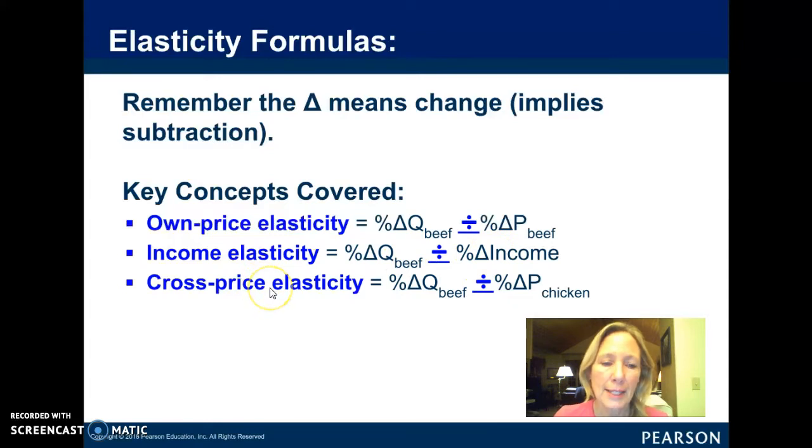And cross price elasticity, which is the most complicated, looks at how a change in one good affects the demand for another good. So the Q is for quantity demanded. Cross price elasticity would look at if the price of chicken changes, how does that affect the demand for beef?